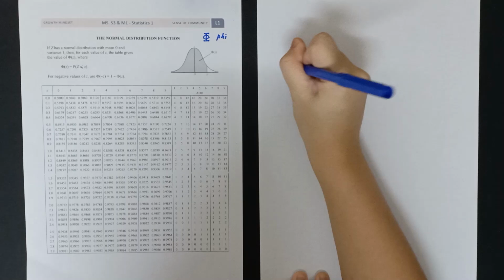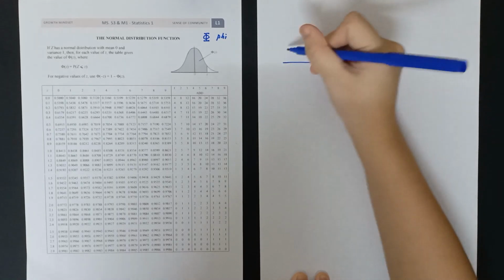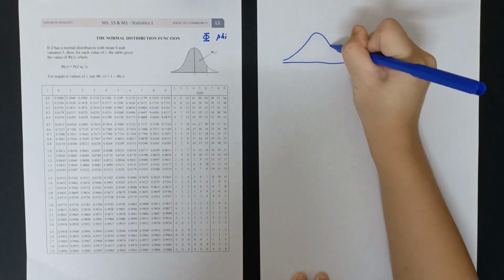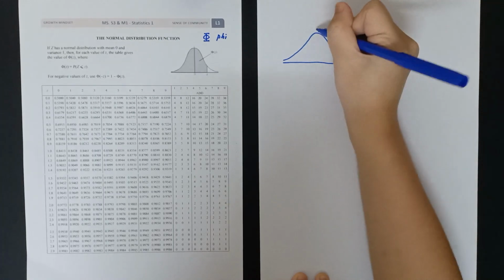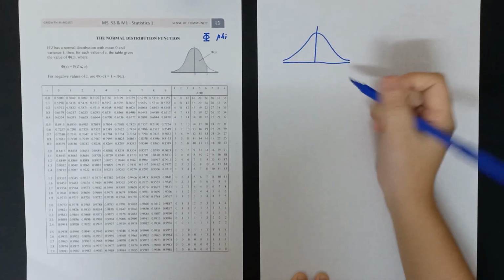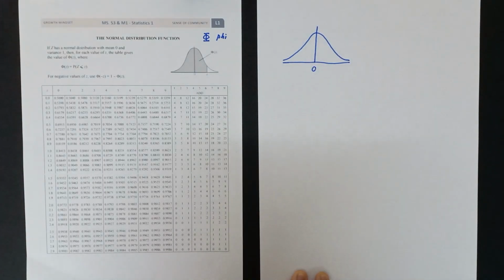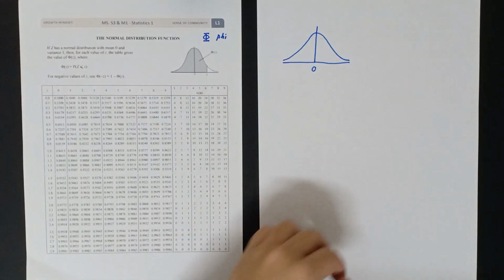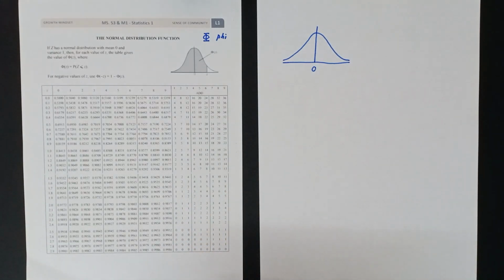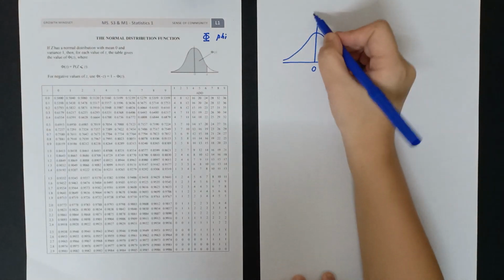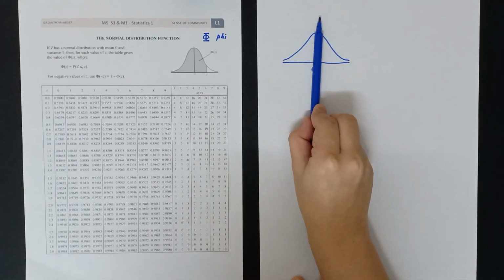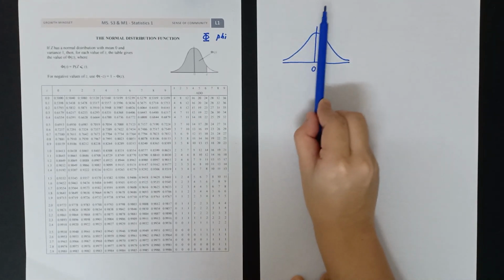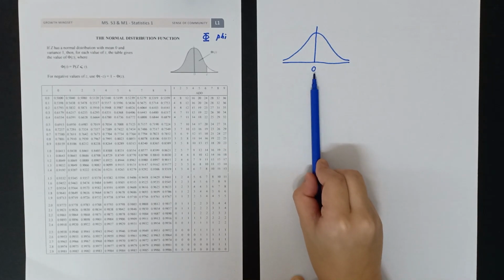Okay, so you see just now we say that for every normal distribution, you have a bell-shaped curve like this, and you have your mean in the middle, and this mean is 0. From the number line that you know, this is basically my y-axis in the middle, because this is my 0.